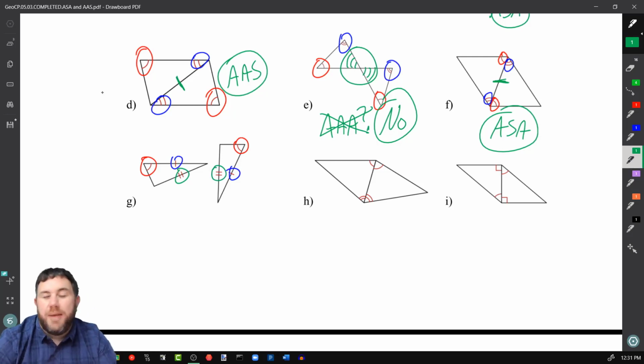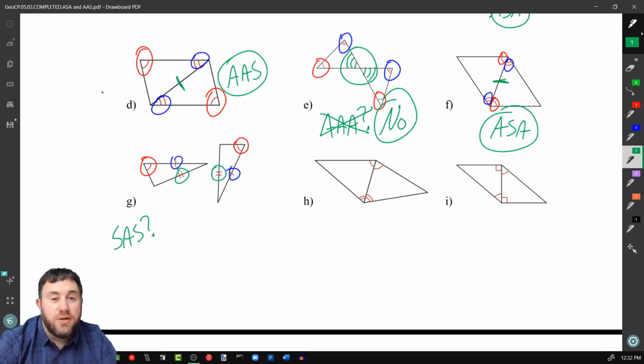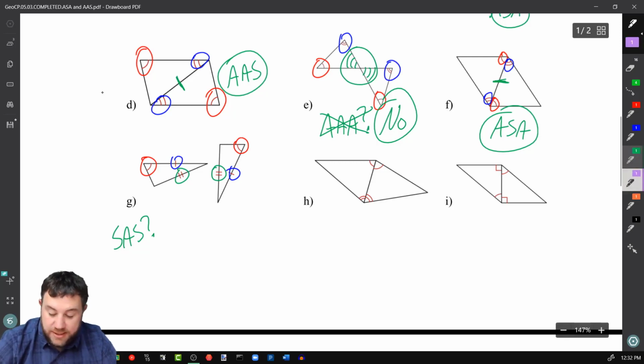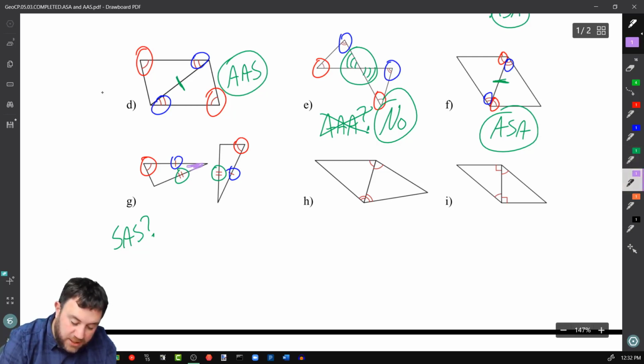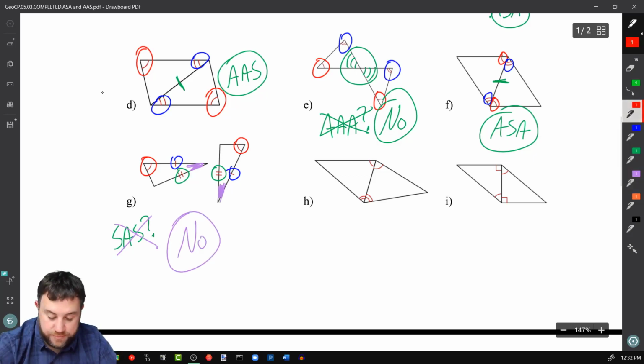Well, the only option we've had that has 2 sides and an angle was SAS. But is our angle between our sides? It is not. We would need it to be this angle and this angle. The purple angles are the ones it needs to be to use SAS. So that means we do not have enough information.